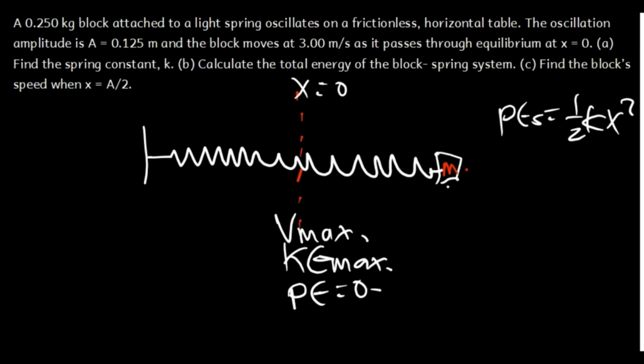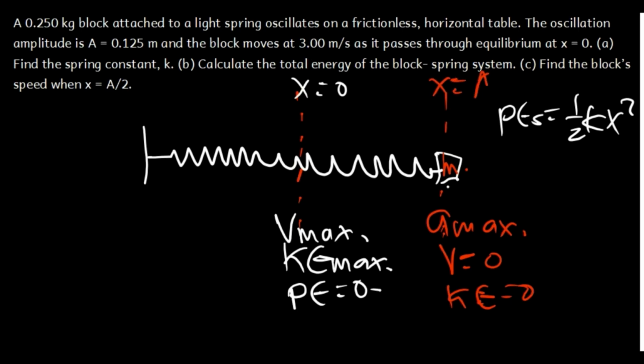Now, the moment you stretch this spring, at this point we expect to have the maximum acceleration. The velocity is going to be 0. If the velocity is 0, kinetic energy is what? It is 0.